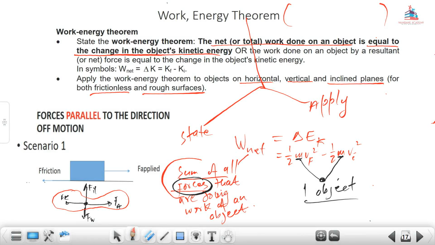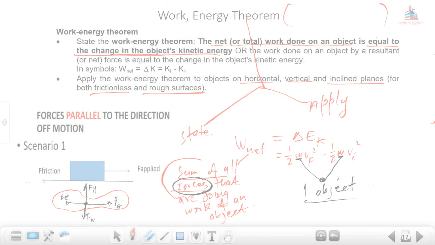Moving further on, we just linked conservation of mechanical energy with the work energy theorem.